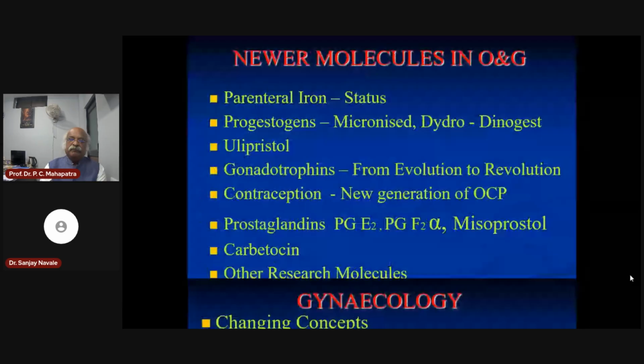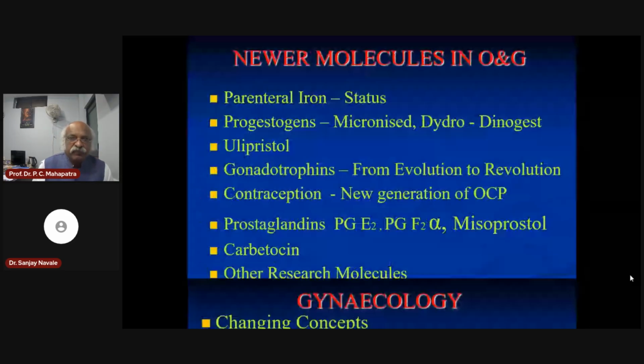This has become part and parcel, and more emphasis has been given to parenteral iron. Now other iron preparations are also coming, and it is very important that non-dextran preparations are available and are coming in a big way. Ferumoxytol is another injectable iron preparation which is well used in European countries. It has not come to India, but ferric carboxymaltose and iron sucrose have become very popular in the country, and are very, very effective.